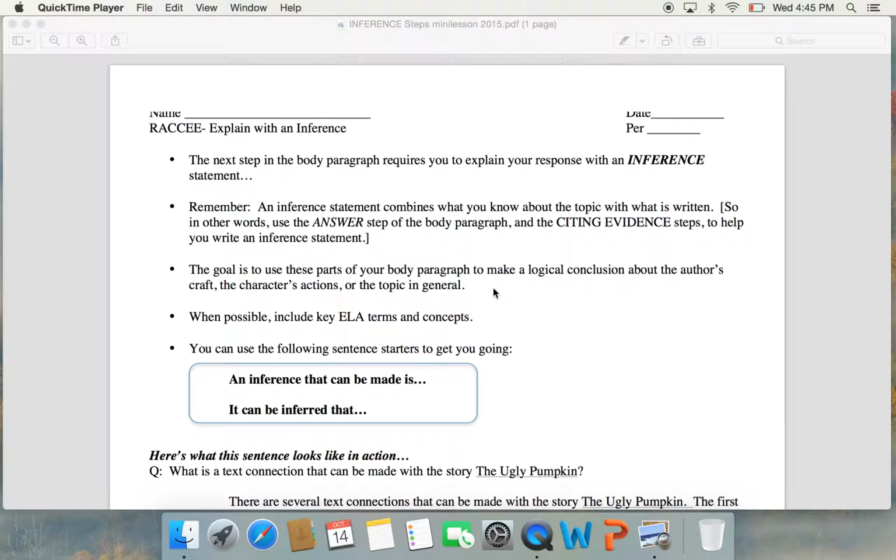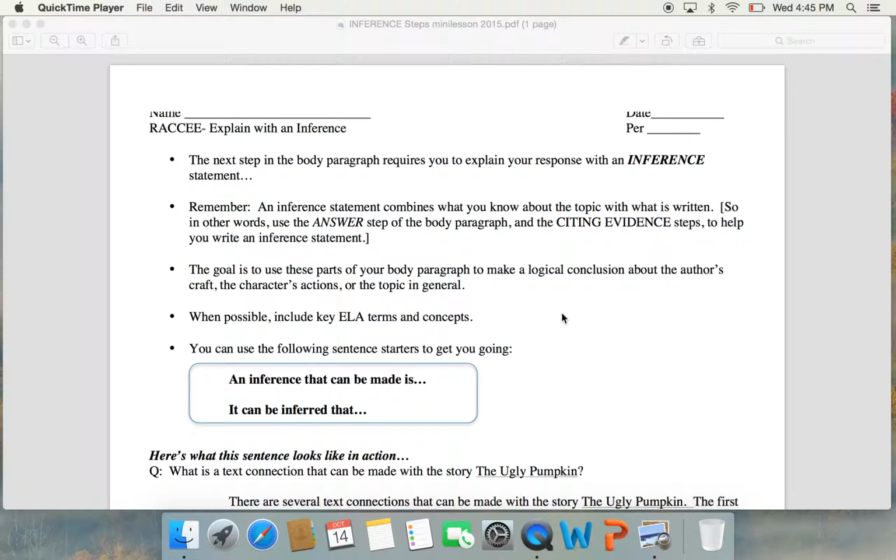We can talk about the author's craft. I mean, after all, most of our body paragraphs are going to be written about something that the author was crafty with. For example, some of you guys wrote about how the author crafted a plot conflict. What was it? You talked about it. Some of you guys might have written about how the author developed the climax, and you can talk about that.